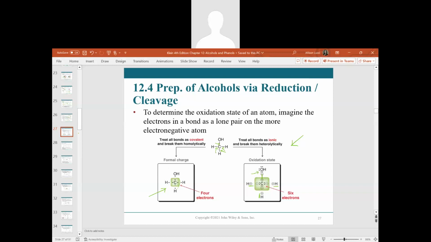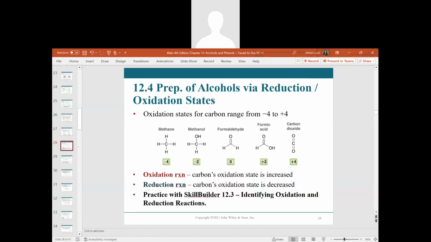So we broke all of these bonds heterolytically based on electronegativity. The carbon received all the C-H bonds, and the oxygen received the C-O bond. So carbon would have 6 electrons if we did it this way, and 4 electrons if we did it the other way. Either way, we would come to the conclusion that the oxidation state on the carbon in methanol would be -2.